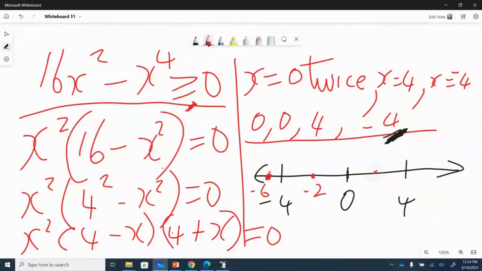The third one is from 0 to 4, and I want to use 2 as a test point. And the fourth one is from 4 to positive infinity, and I will have a test point which is any number greater than 4. So I can test 6.